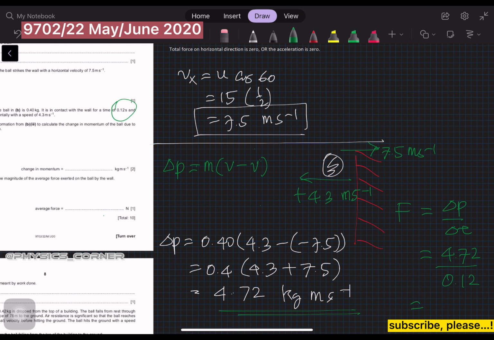So we divide 4.72 by 0.12, which equals 39.3. This is about 39 Newton. Okay, that's it.